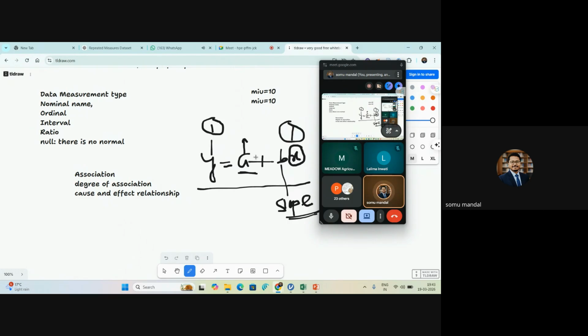Suppose you have more than one independent variable, then it is called multiple regression analysis: a plus b1x1 plus b2x2 plus bnxn. This is called the multiple regression analysis.